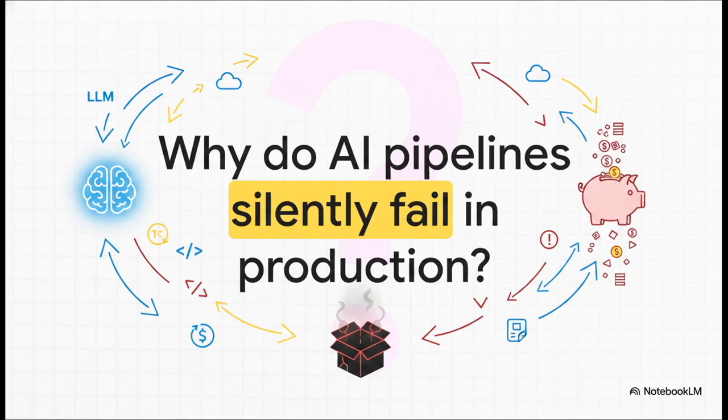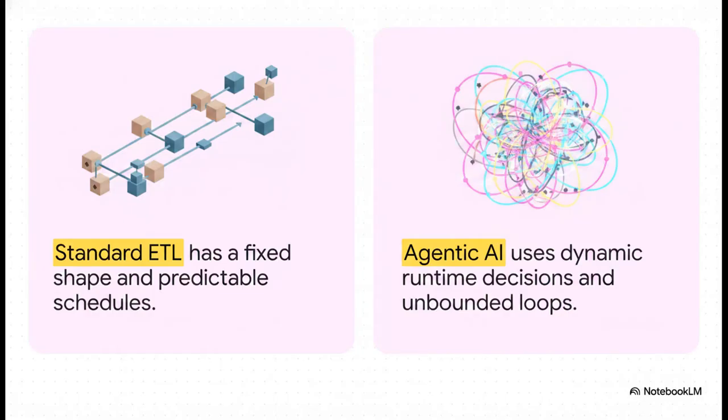When you throw that kind of unpredictable, looping black box process into production without strict oversight, silent failures and skyrocketed cloud bills are practically guaranteed. And this brilliantly illustrates the core problem. We're looking at a massive architectural conflict. Standard Airflow DAGs have a fixed shape at parse time, but an AI agent decides its sequence of tool calls dynamically at runtime.